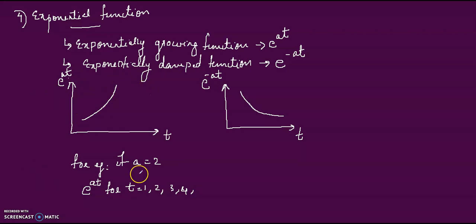And here also you can put a is equal to 2 and calculate e raised to minus at values using a calculator for different values of t. E raised to minus at is equal to, for different values of t when a is equal to 2, and you can see the graph goes like this.